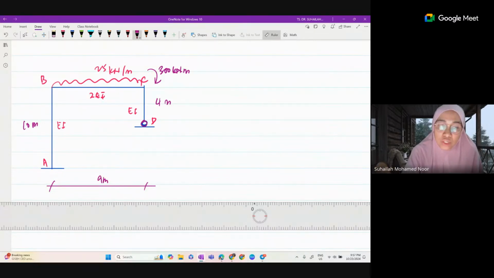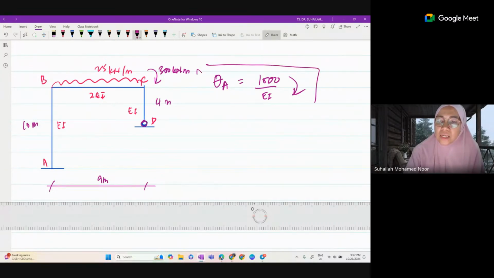For example, let's say theta at A, meaning support rotation at A, is given as 1000 over EI clockwise. This is actually the support settlement given, mentioned in the question.